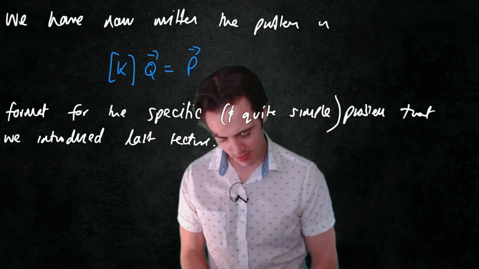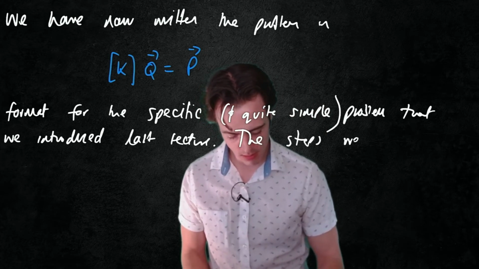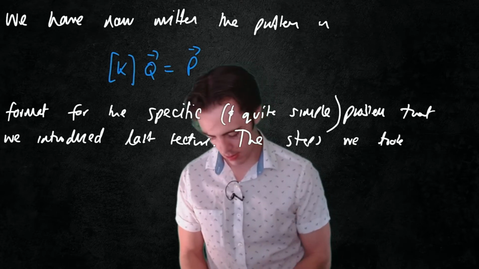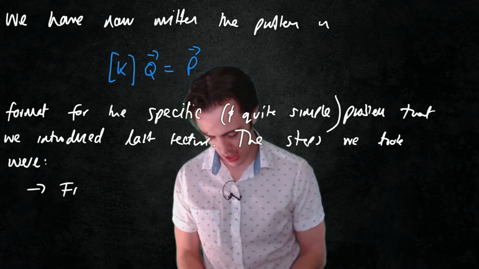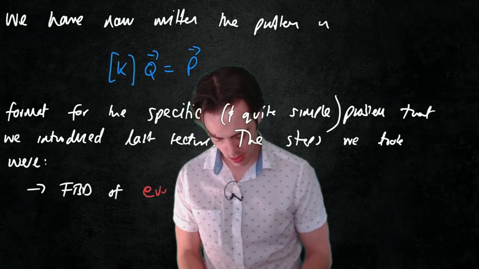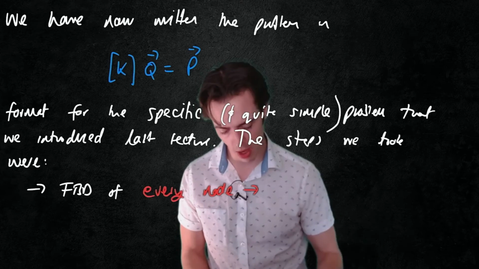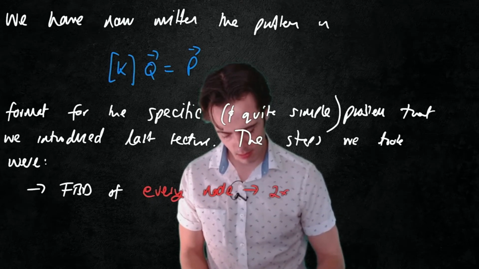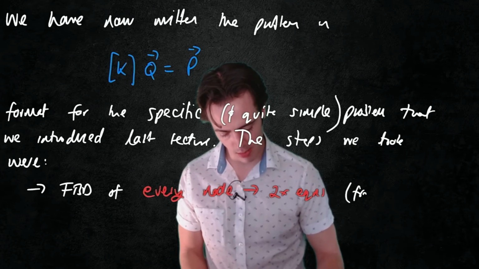So let's write down the steps we took. We did an FBD of every node, and each node gave us two equations from the equilibrium equations.